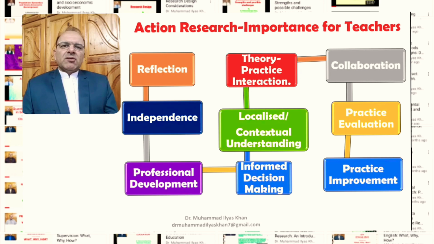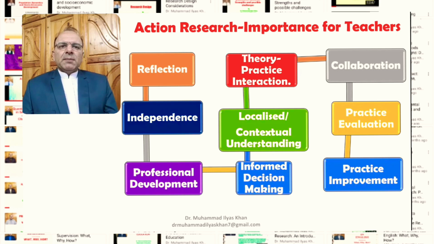This helps in the development of finding insights into the theory-practice interaction. This helps in terms of understanding their practices in a local, contextualized manner, and ultimately the teachers become independent, reflective practitioners in their own profession.